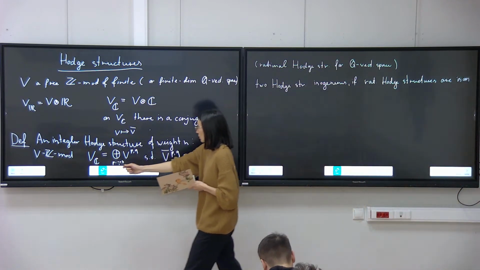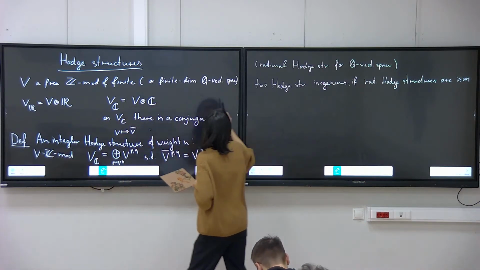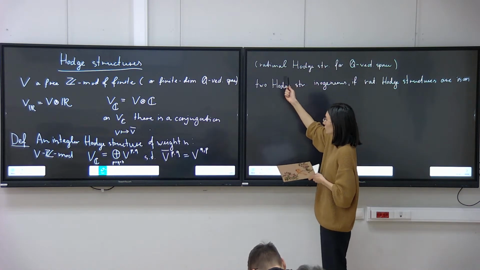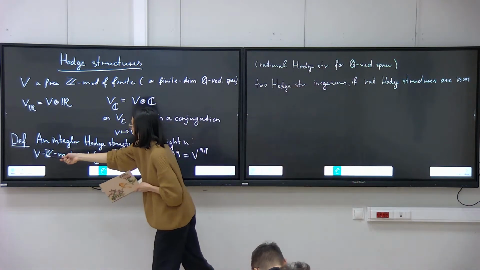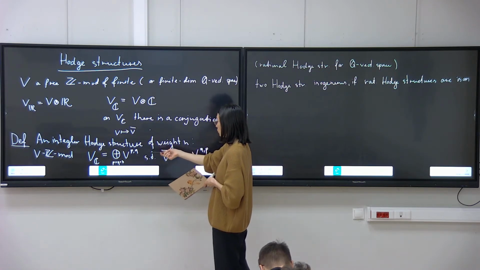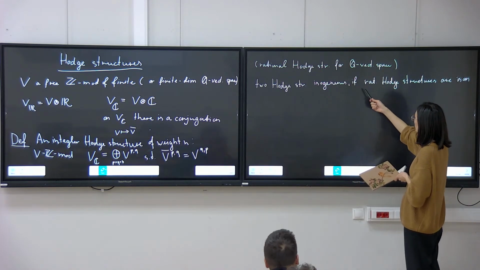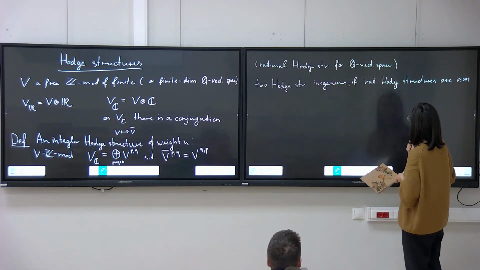So, of course, for an integral Hodge structure, we can consider the corresponding rational Hodge structure just by tensoring with Q. So there is an obvious notion of isomorphic Hodge structures, and we say that they are isogenous if the corresponding rational Hodge structures are isomorphic.